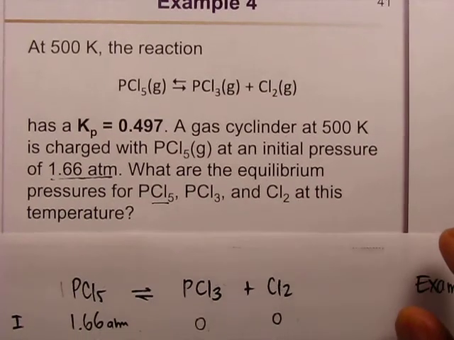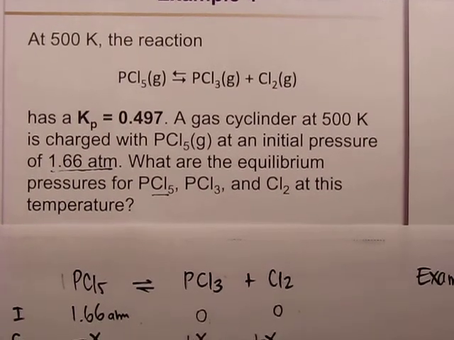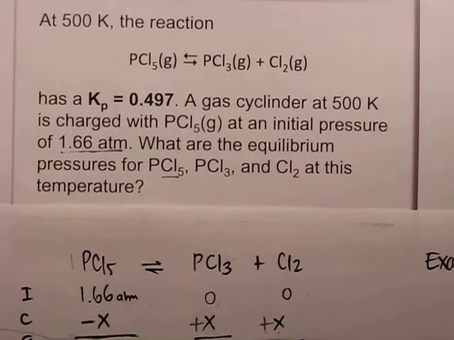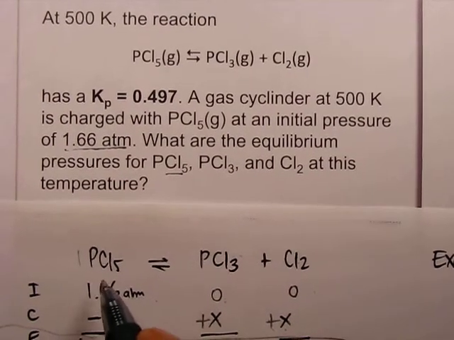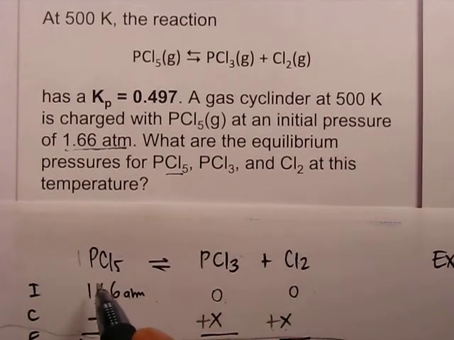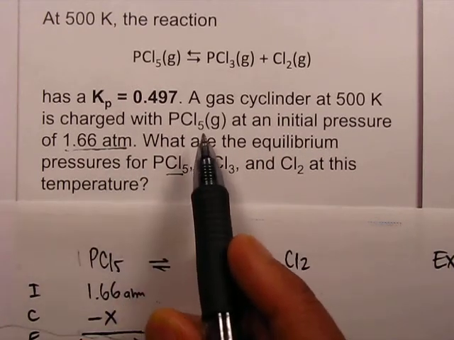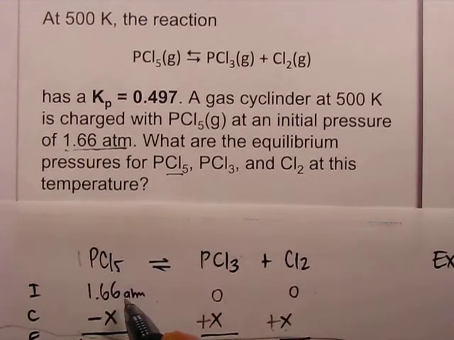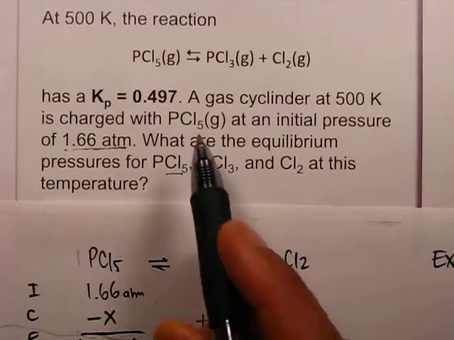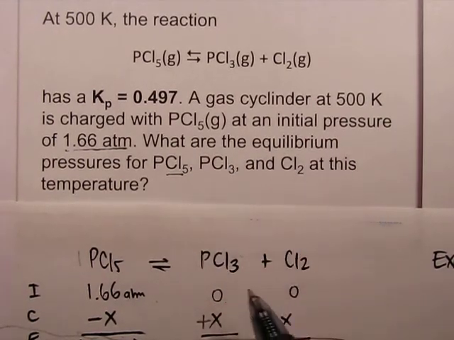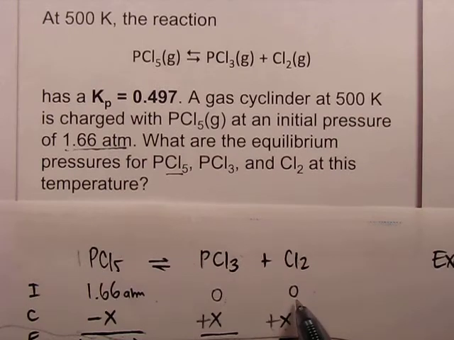Remember the ICE table from my previous video: first we write down the initial concentration. The initial pressure is given for the starting material PCl5, 1.66 atmosphere, and there is no information about the products, so the product concentrations will be 0.